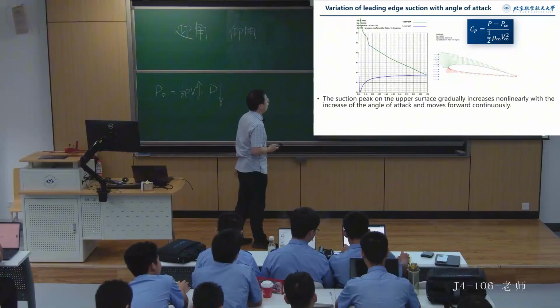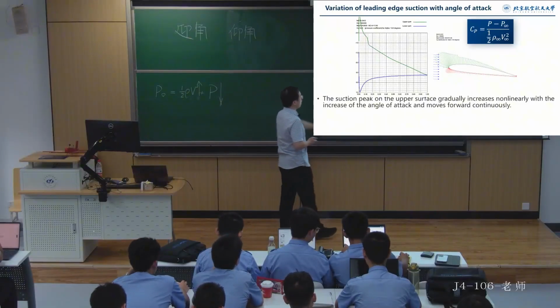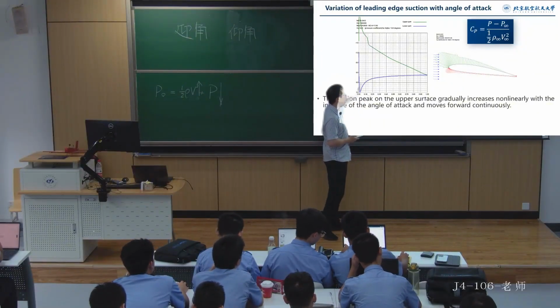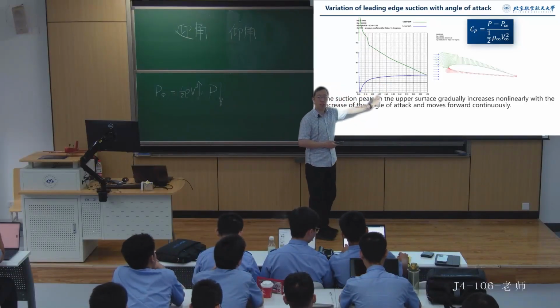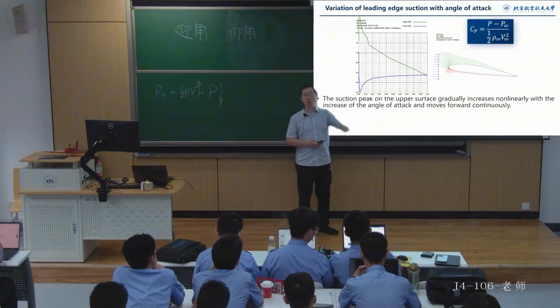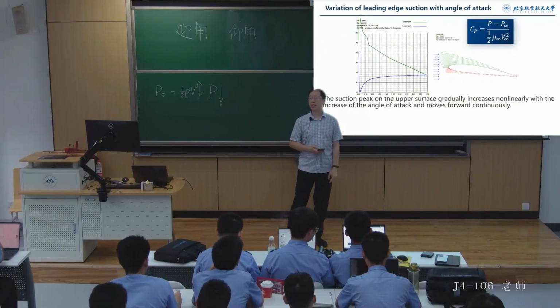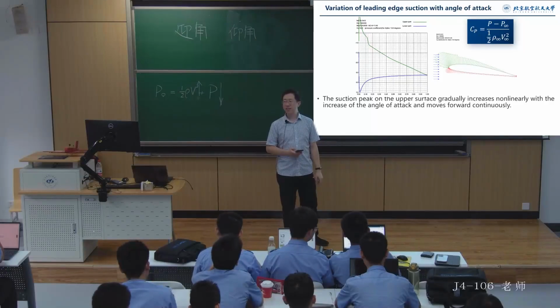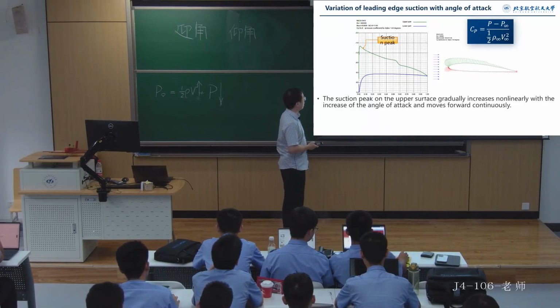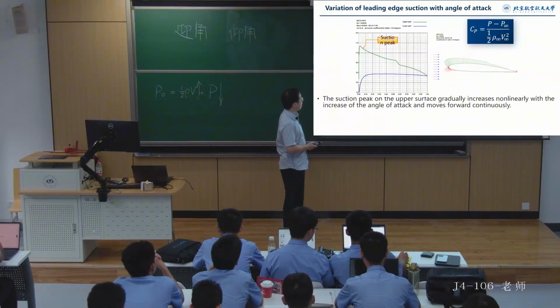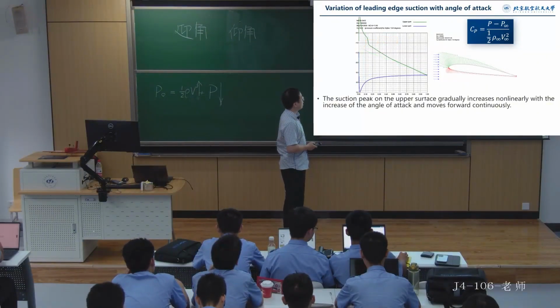Alright, so we say that the pressure difference between the upper and lower surfaces corresponds directly to lift. Then we can see that as the angle of attack increases, where does the main contribution to lift come from? This is at a small angle of attack. As the angle increases, where does the additional lift come from?